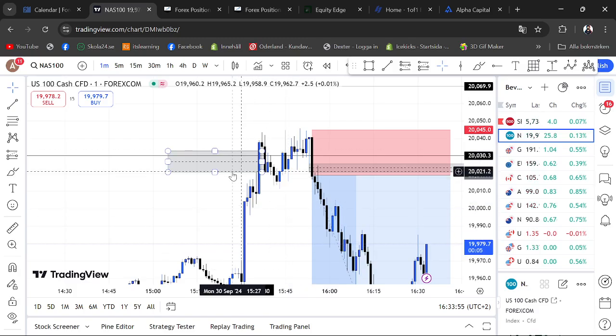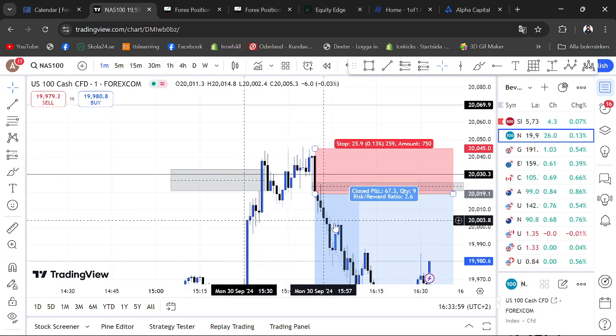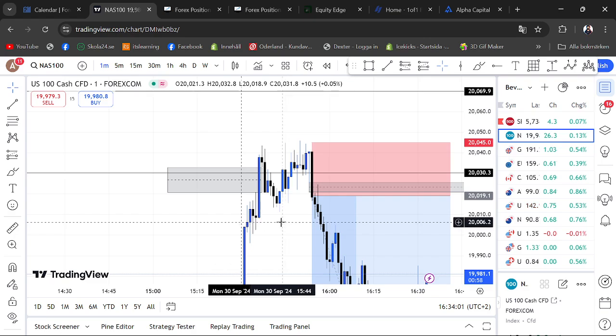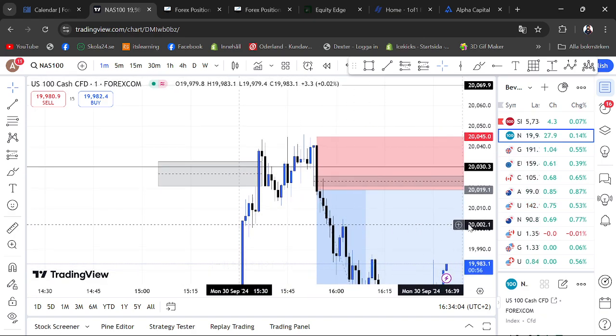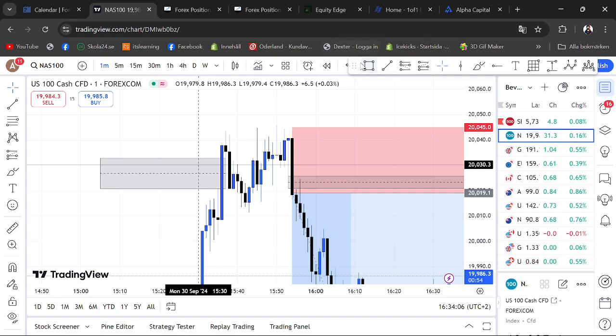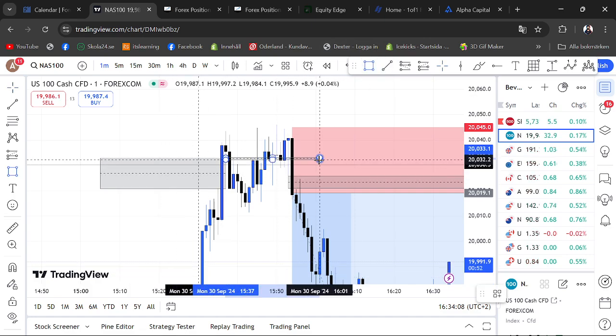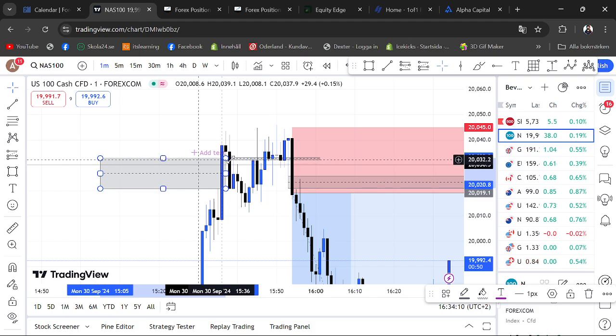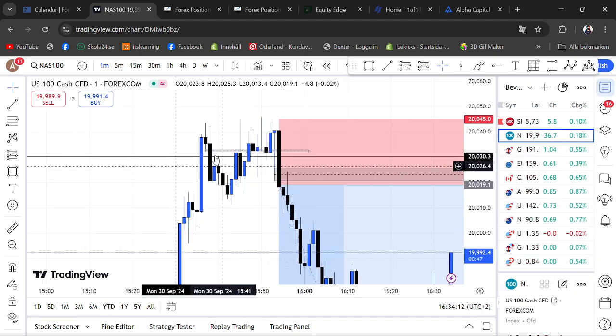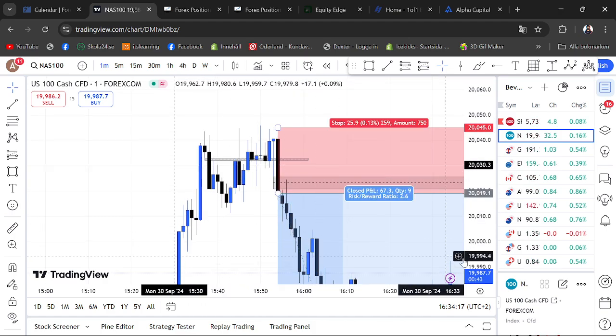So it got disrespected completely, and then I did not take the trade because I did not see my third confluence. And then we had this small BPR over here. Let me just remove this fair value gap. If you're wondering, this was the bullish fair value gap, the inverse fair value gap that got disrespected.